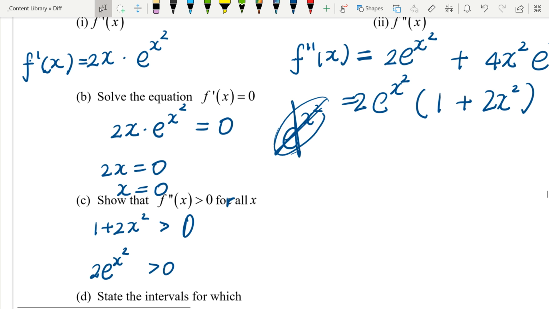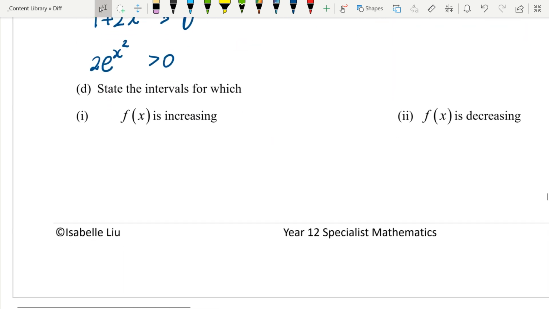So you only look at the first derivative to decide whether it's an increasing or decreasing function. For an increasing function, what do I need? I need f dash x to be greater than or equal to 0 as well. To remember, for an increasing function you need to include the turning point as well. Do you remember that?